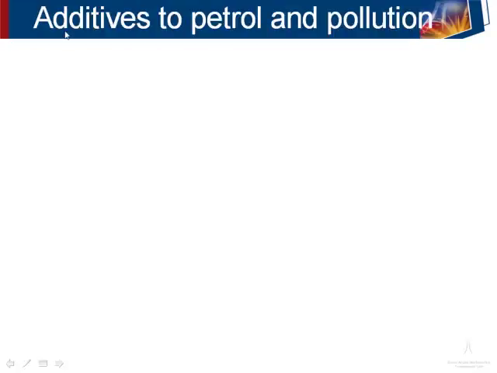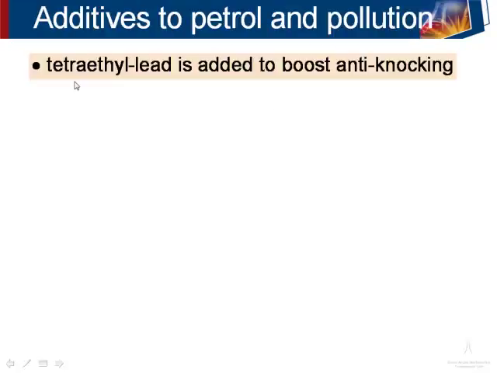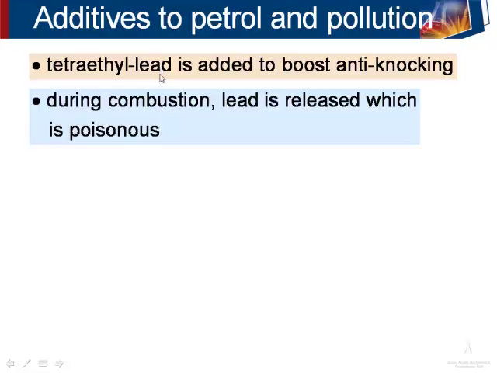Additives to petrol and pollution. Tetraethyl lead is added to boost the anti-knocking of the petrol, but lead, when released to the atmosphere, is poisonous. So during the combustion of the petrol, this lead is then released, and this is a poisonous component and pollutes our atmosphere.